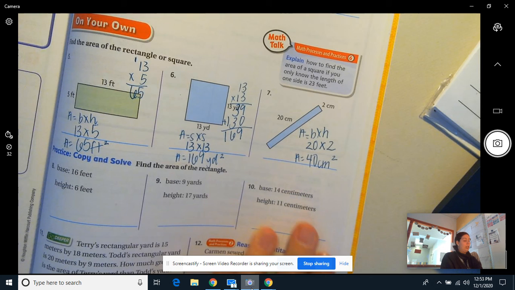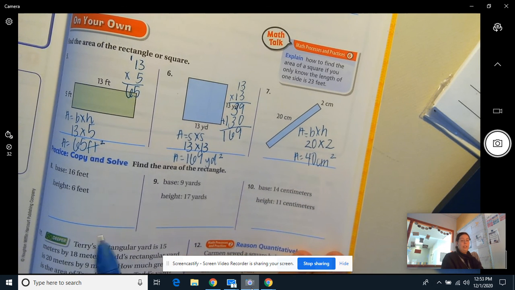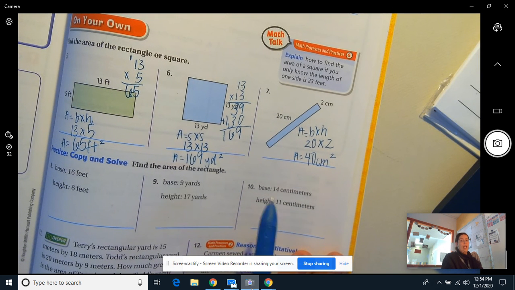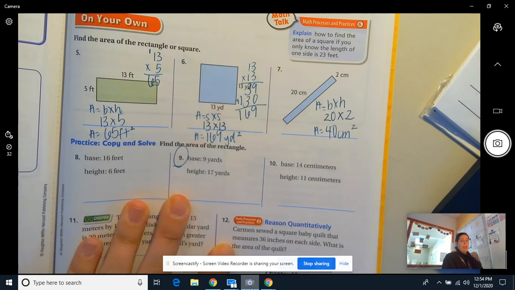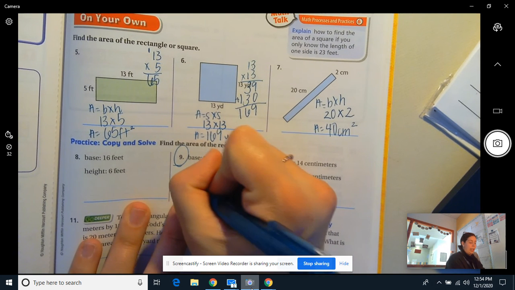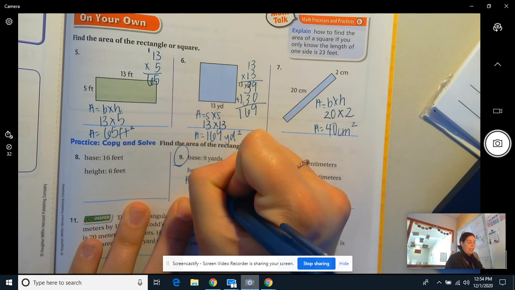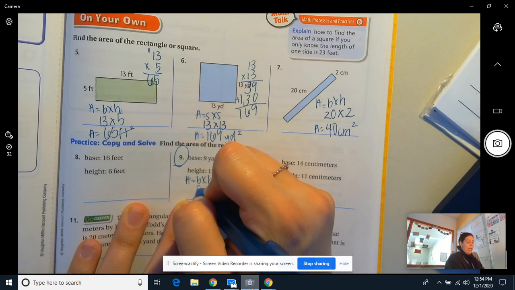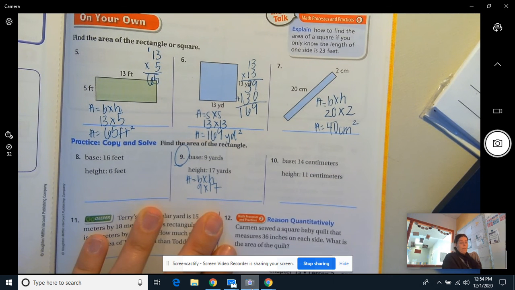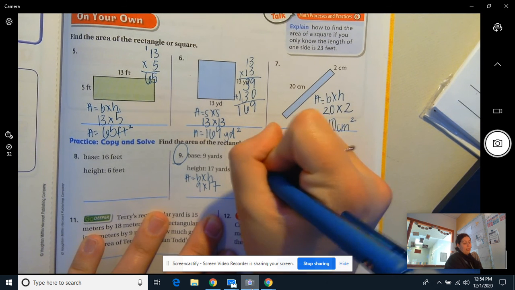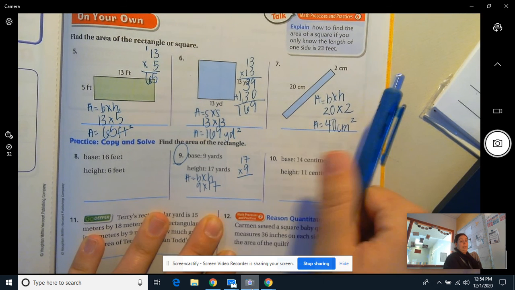Awesome. Okay. This one, there's no shape, but it tells us base and height. So I want you to do number 9 only. We're going to start with area equals base times height. 9 times 17. You do the math. I would write that to the side so I can multiply.